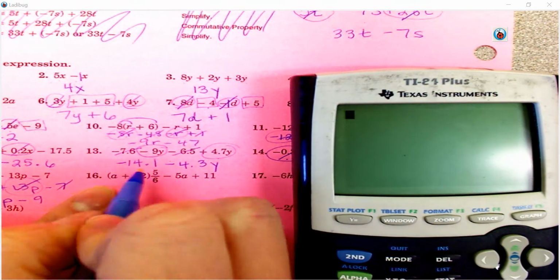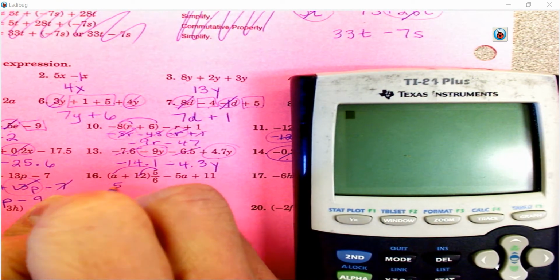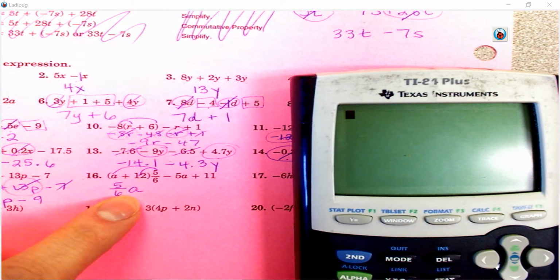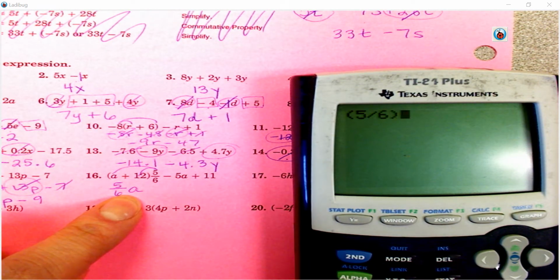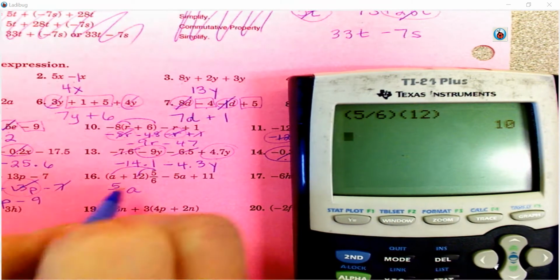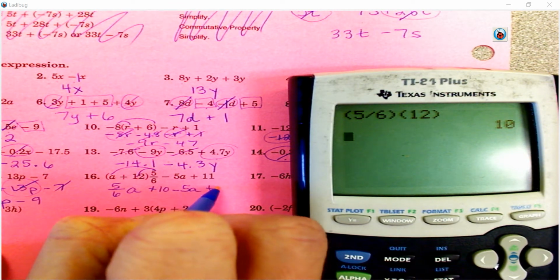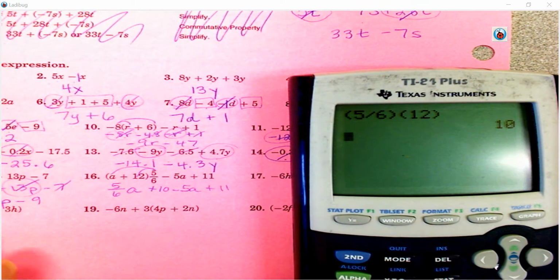I'm going to go from there. I'm distributing again. 5/6 times a is 5/6 a. 5 over 6 times positive 12 is 10, so I write plus 10. I bring down negative 5a and I bring down positive 11, and then combine like terms.